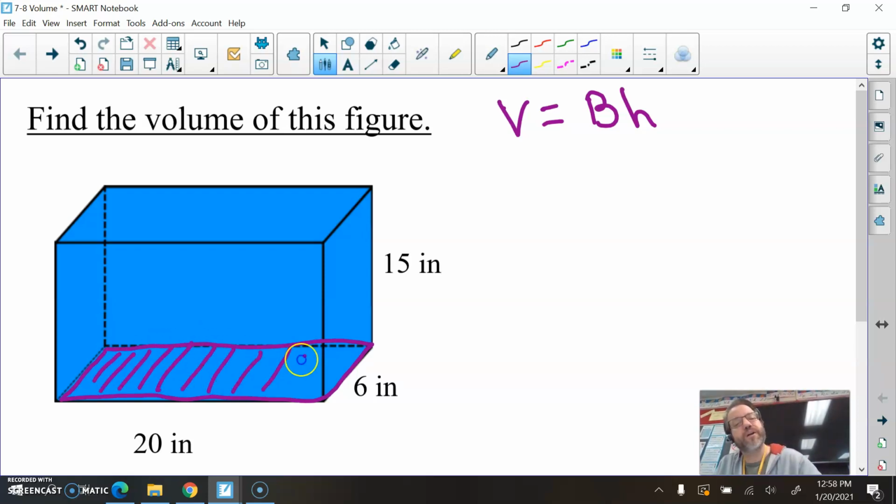Here's your base right here on the bottom of this figure. Now, again, base doesn't always mean bottom, but with rectangular prisms, we can call the bottom of the figure the base, and that's fine. Okay, so I have to find the area of the base.